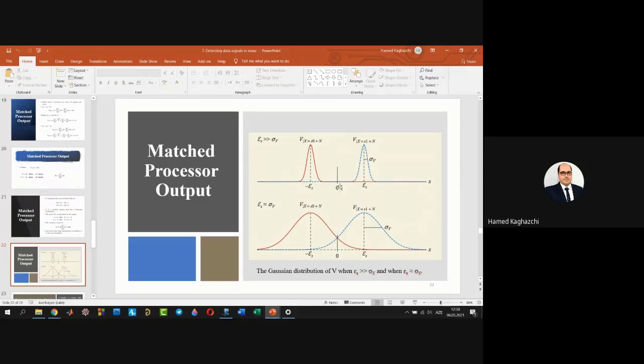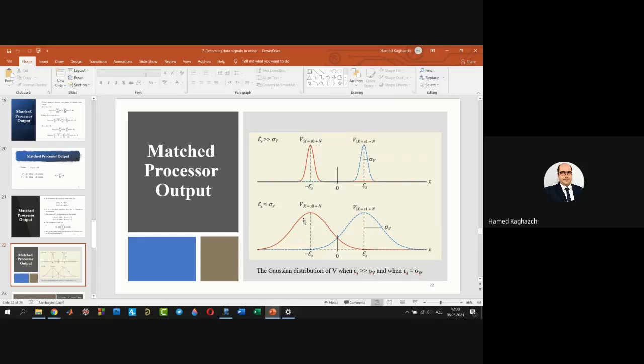I define a threshold, and here the threshold is 0, and I say that if V is greater than 0, my output is 1, and if it is less than 0, it means that my output is 0.